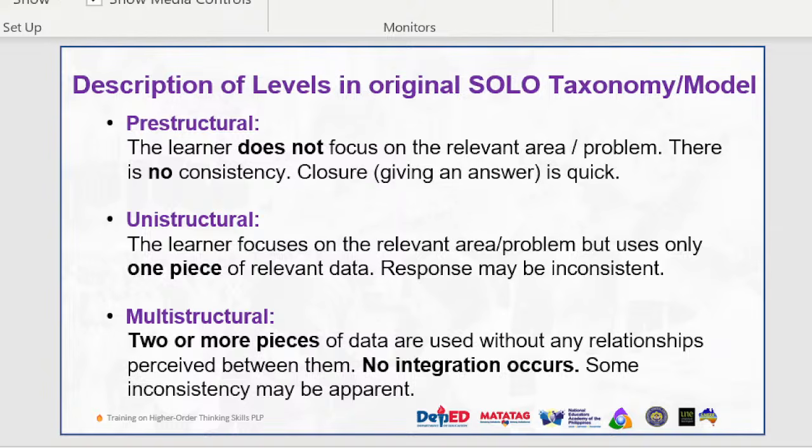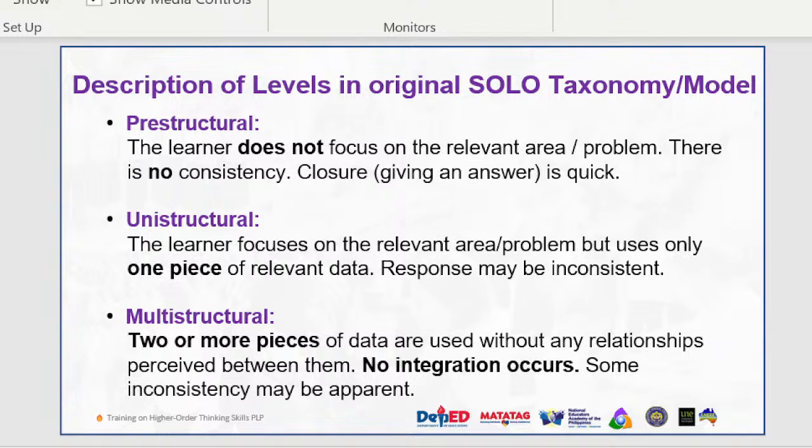Then in the multistructural, it is when the learner has two or more pieces of data to answer your question without any relationships perceived between them. Just giving two pieces of data. No integration between those data.